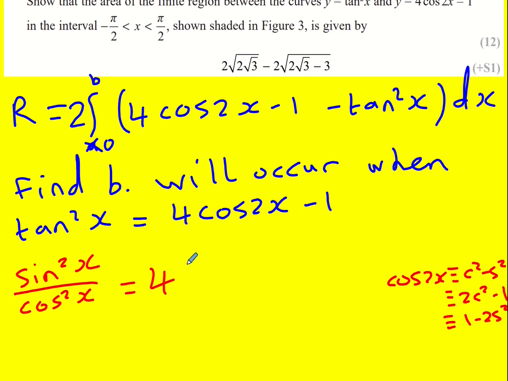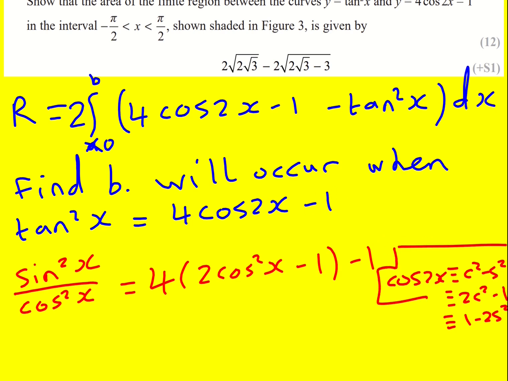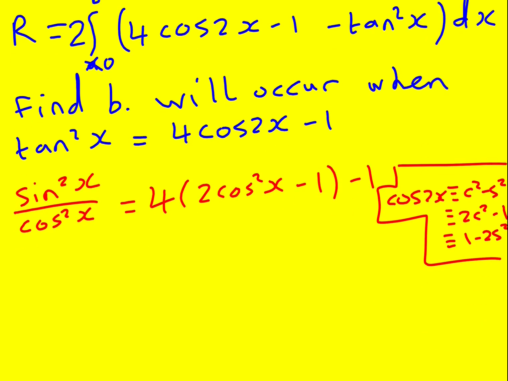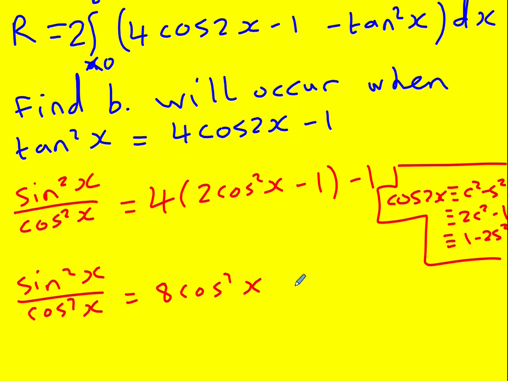So it's going to be 4 and then 2 cos squared x minus 1. Just got to remember that I'm also still minusing 1 from that. Let's simplify this, but I'm not going to rush it, so I'm going to sort the right-hand side out. I'm going to get 8 cos squared x. Then it's going to be minus 4 minus 1. So I've got minus 5.